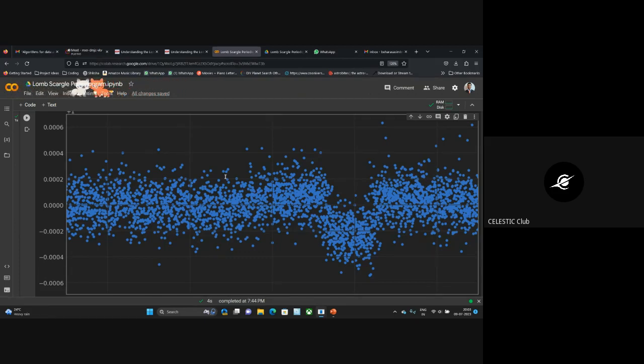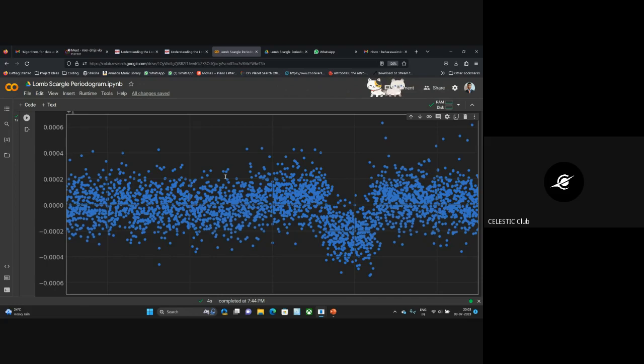If that 100 hertz is constant, suddenly there will be a different frequency corresponding to that U shape. So when you find the Lomb-Scargle periodogram of this particular light curve, you will find a peak corresponding to the U shape.